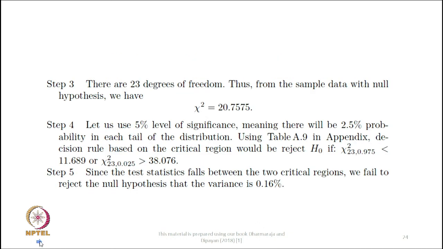Then you can move to step 3, where you get the observed value, in step 4 you get the table value, and in step 5 you come to the conclusion whether to reject the null hypothesis or not.